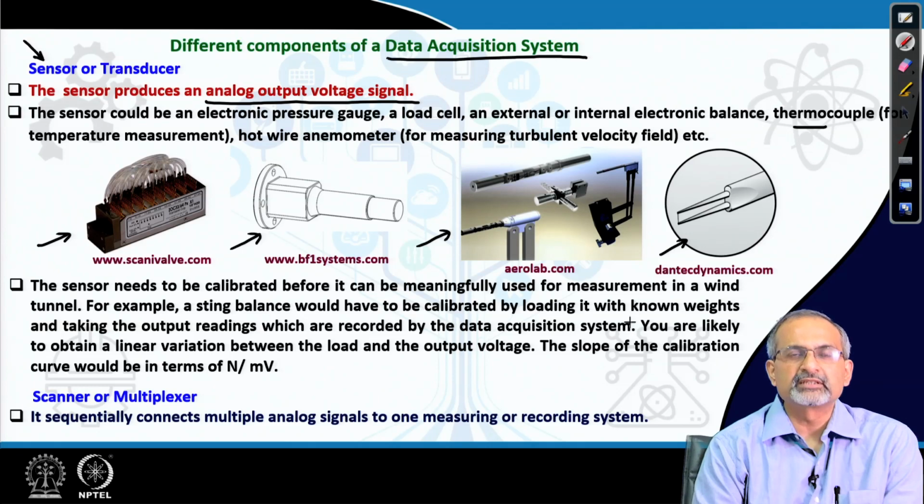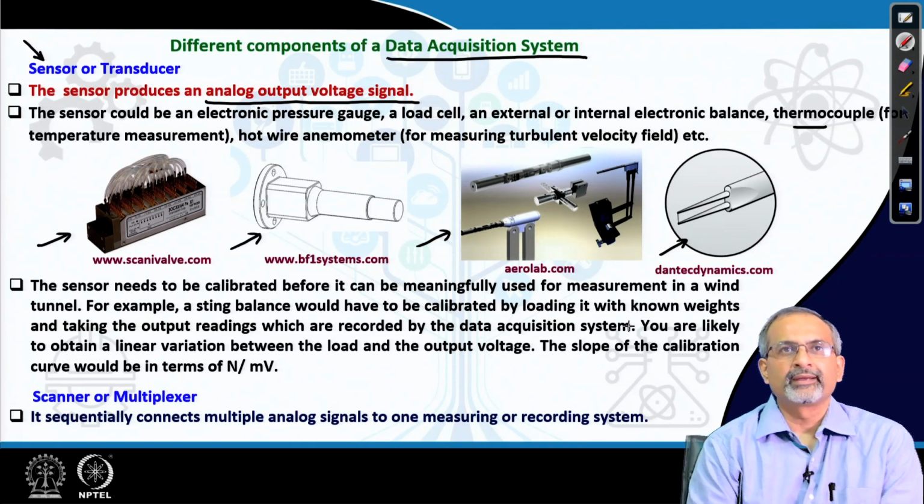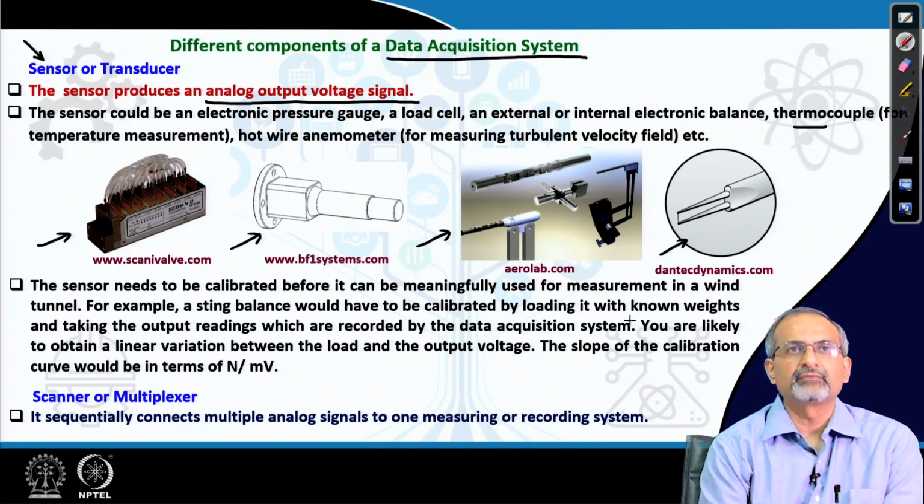So, there could be miscellaneous sensors applied for measurement of flows, and therefore, you generally have a sensor or transducer providing you the analog output voltage which represents a certain physical phenomenon.